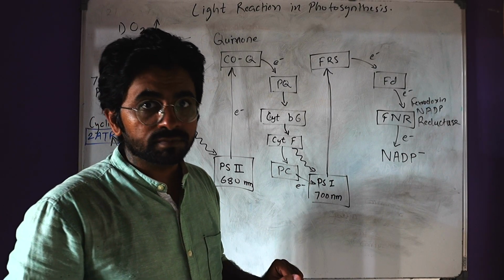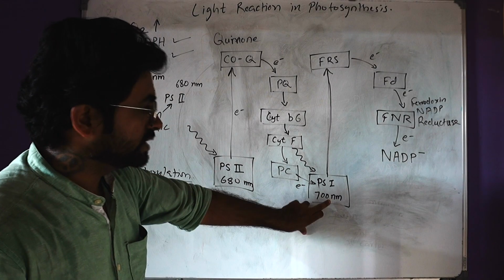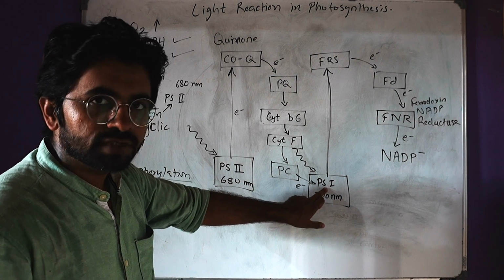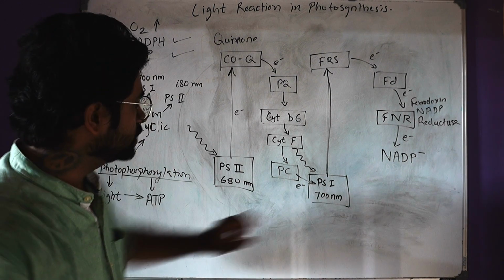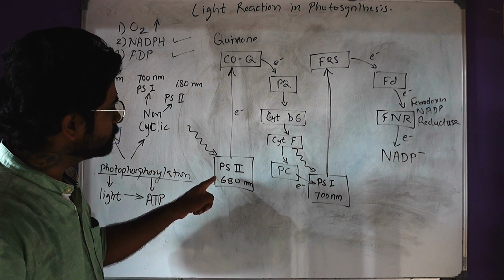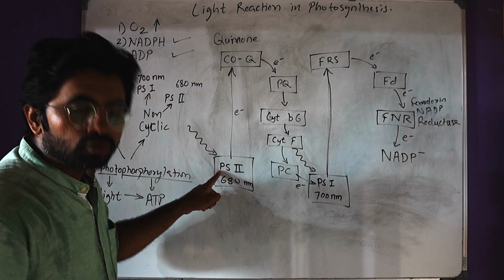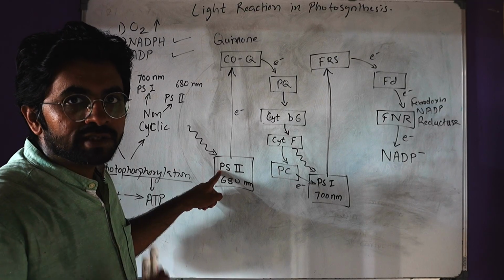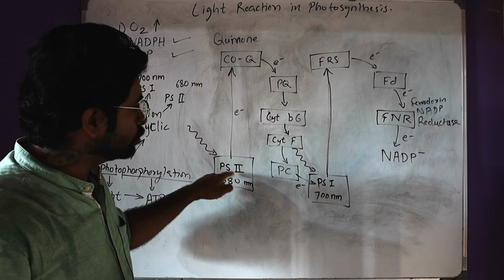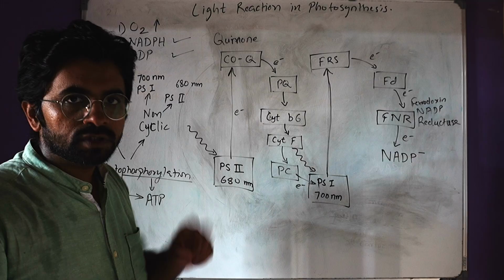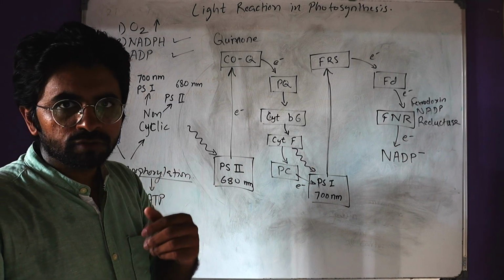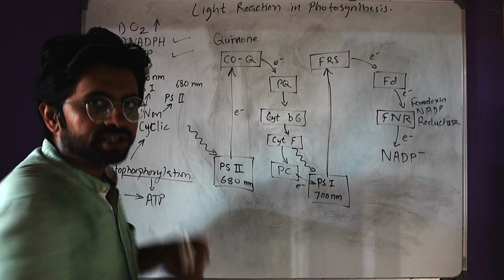But there is a problem. At 700 nanometer, photosystem 1 is satisfied with the electron, but that electron is coming from photosystem 2. So now photosystem 2 becomes electron deficient. So where is the electron coming from? It also has the possibility of replacement of electron. One electron is gone, one electron should be given to 680 now.